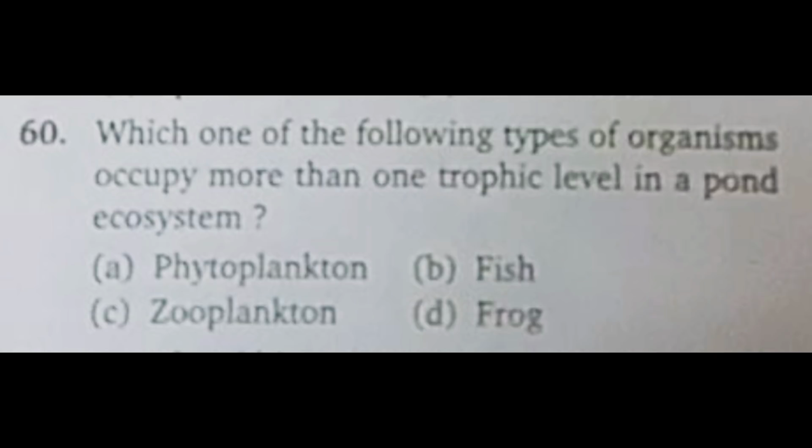The next one, which one of the following types of organism occupies more than one trophic level in a pond ecosystem? The options are phytoplankton, fish, zooplankton, frog. From this, the right one is option number B, fish.